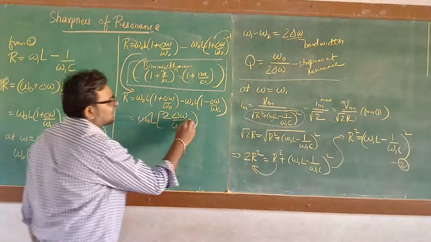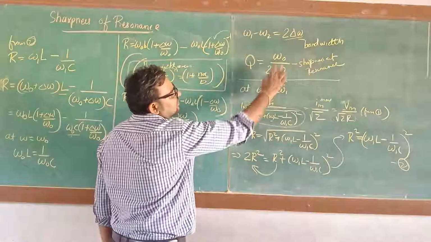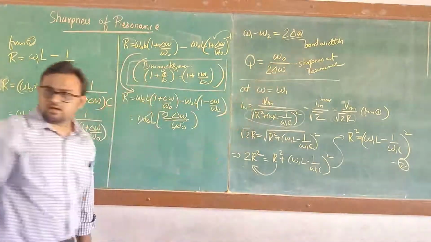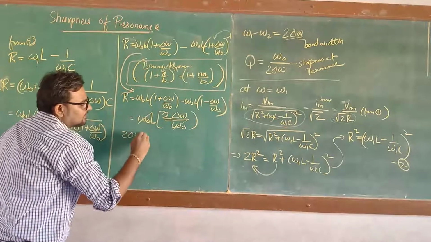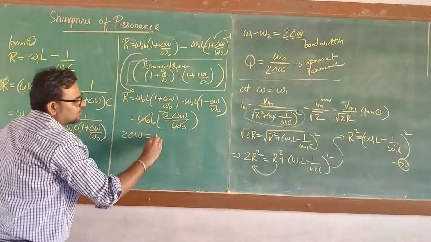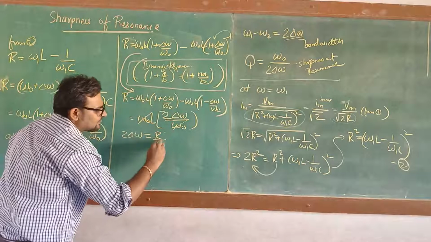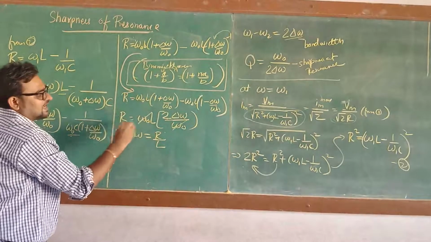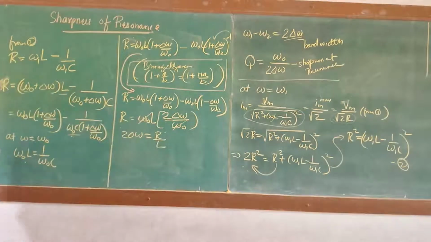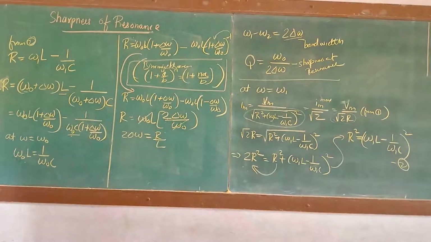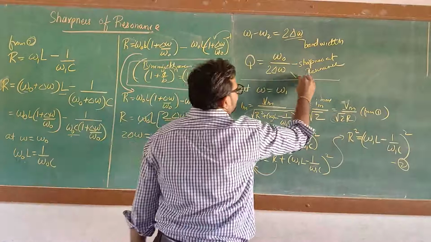I only want 2 delta omega, the bandwidth, so I want to replace this here. So R equals L times 2 delta omega, so 2 delta omega will be R by L. Clear? Let's name this equation 2.